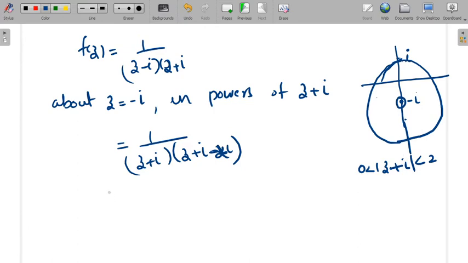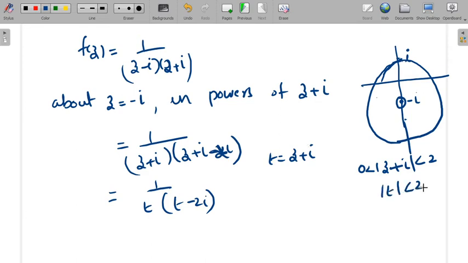അപ്പോൾ വീണ്ടും നേരത്തെ പറഞ്ഞ പോലെ തന്നെ z is equal to minus i യും സിമ്പിൾ പോളാണ്. When you expand, you can write this as t into t minus 2i, and ഇവിടെ t എന്ന് കൊടുക്കുന്നത് t is z plus i. So mod t less than 2 എന്ന് കിട്ടും. So mod t by 2i will be less than 1.